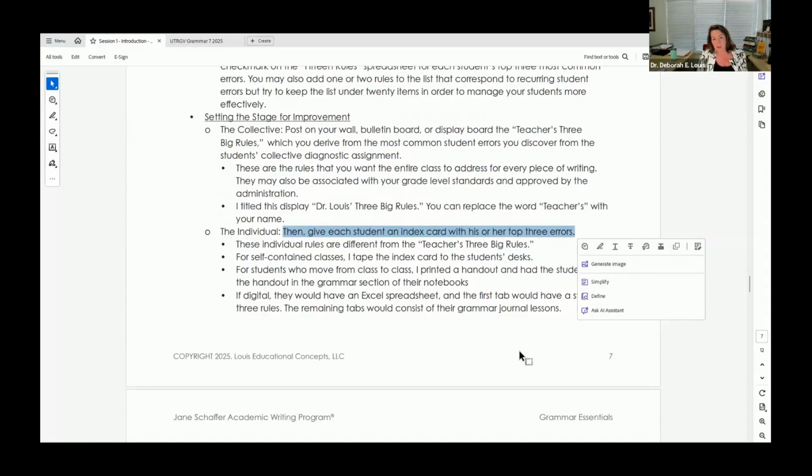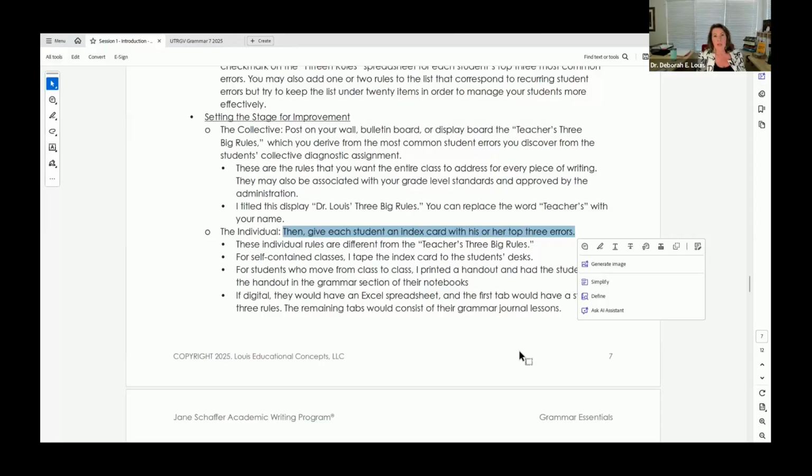So for example, Miss De Leon might, in her 3 big rules, have one rule that Liliana is having problems with spelling there, T-H-E-I-R versus T-H-E-R-E versus T-H-E-Y'-R-E. That could be one of her rules. Another one could be subject-verb agreement.